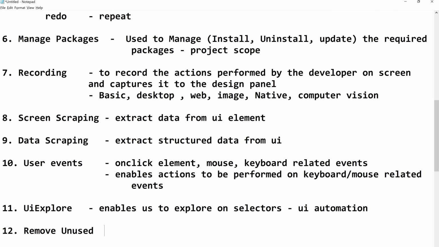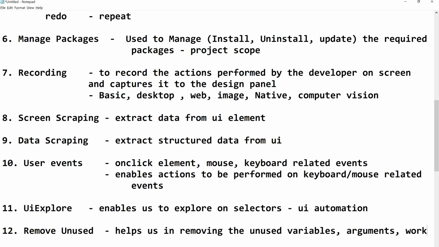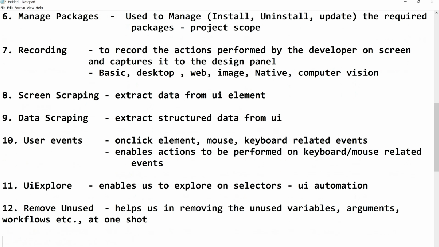So let us take a high level note on this. Remove Unused: helps us remove the unused variables, arguments, workflows, etc. in one shot.